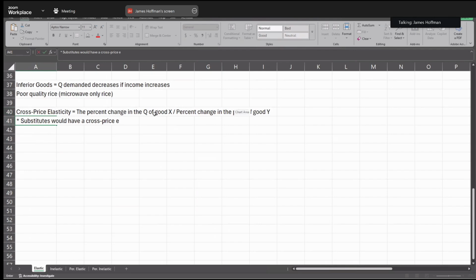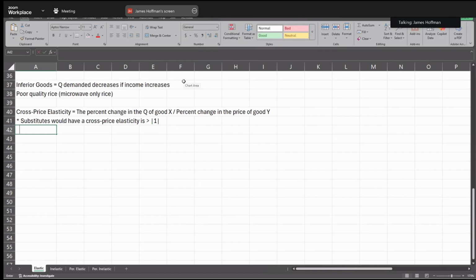If this changes more than that, that would mean that the cross price elasticity is bigger than one, right? Because the percent change in quantity demand of X is bigger than the percent change in the price of good Y, right? So that means cross price elasticity is greater than one in absolute values. Okay.